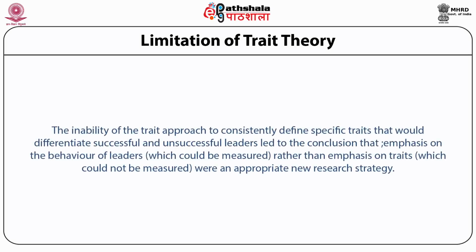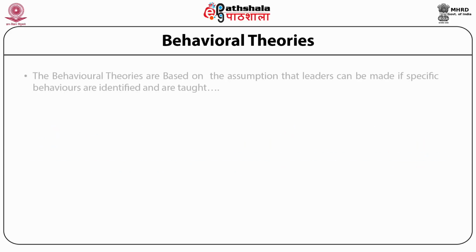Well, the inability of the trait approach to consistently define specific traits that would differentiate successful and unsuccessful leaders led to the conclusion that emphasis on the behavior of leaders, which could be measured, rather than emphasis on traits, which could not be measured, was an appropriate new research strategy. The behavioral theories are based on the assumption that leaders can be made if specific behaviors are identified and taught.